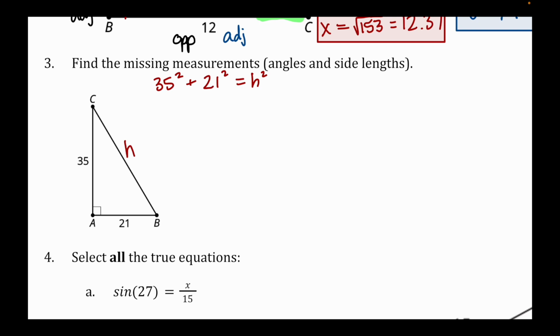So 35 squared is a big number, 1,225. Add that to 21 squared. 21 times 21 is 441.